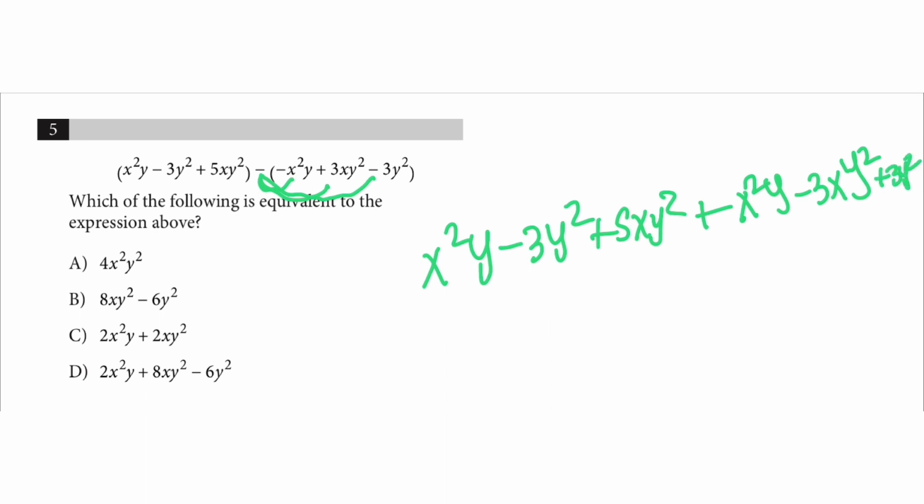So now let's look for common terms throughout this thing. We have a negative 3y squared and we have a positive 3y squared. So those two are just going to cancel to 0.